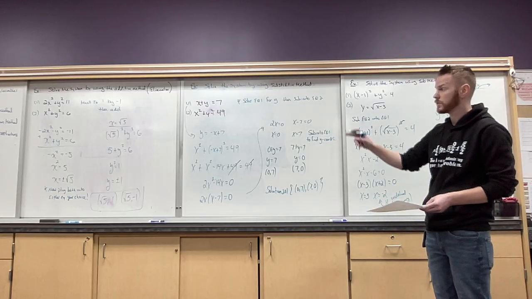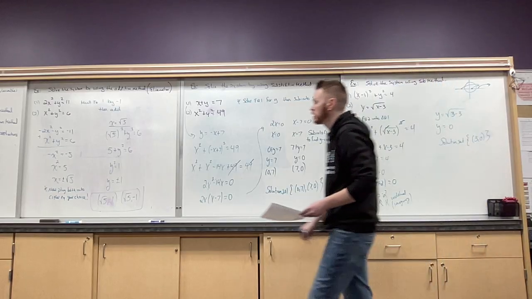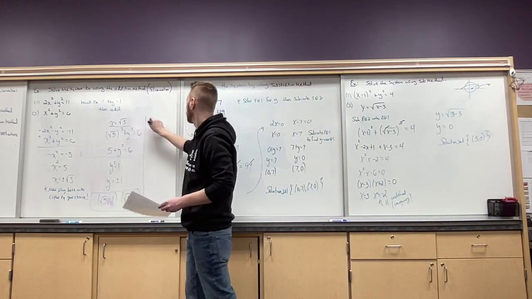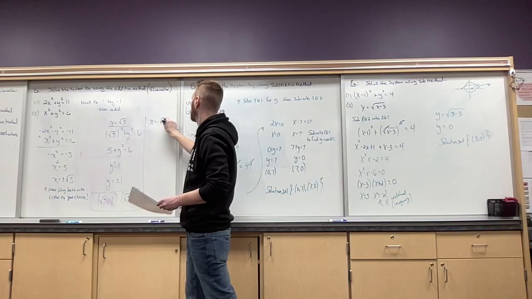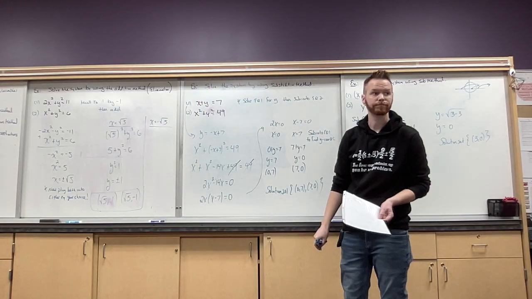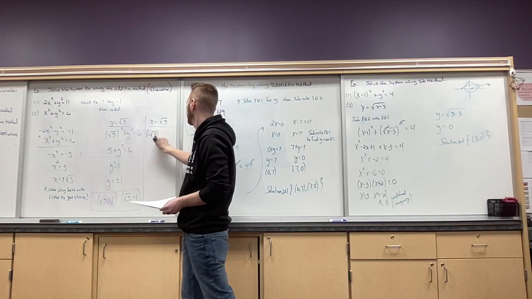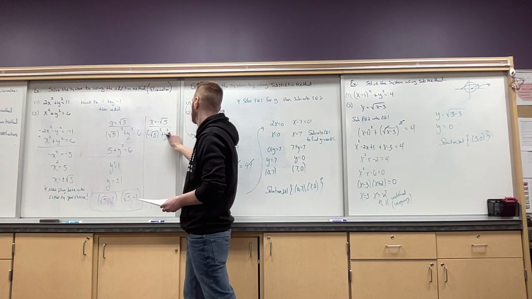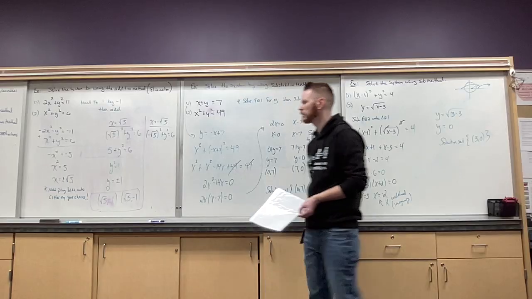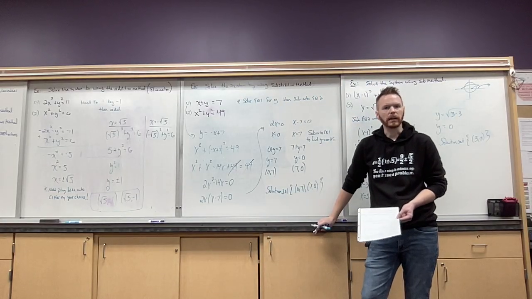Now I'm not done yet because I didn't plug in the negative square root of 5. So let me just draw a line here. Put x is equal to negative square root of 5. And I'm just going to go through the same process. Now, one thing to note: is negative square root of 5 going to really make a difference? Am I going to get the same y values? I am, right?